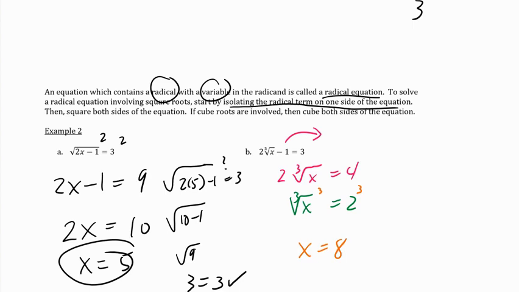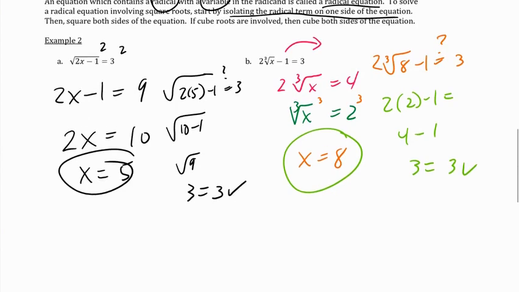I want to check this to make sure it works. So I have 2 times the cube root of 8, which is 2. 4 minus 1. 3 is equal to 3. It checks out. Good answer.